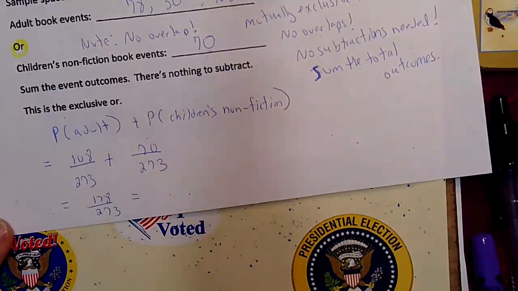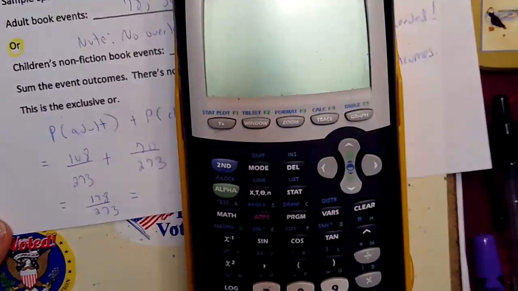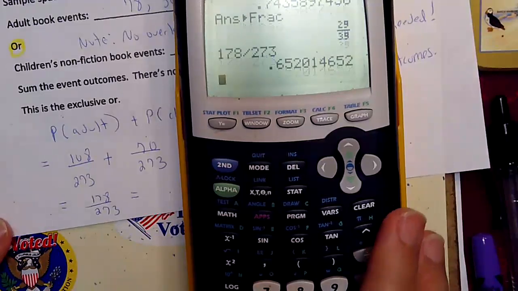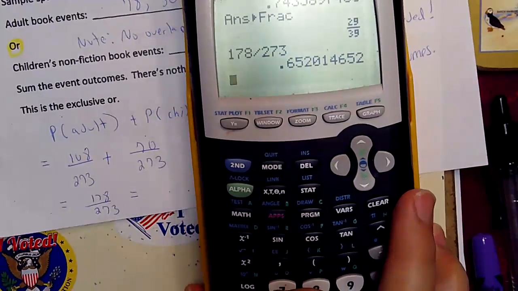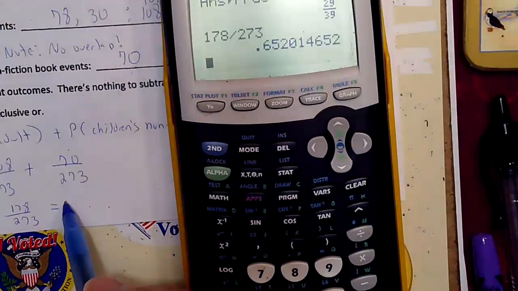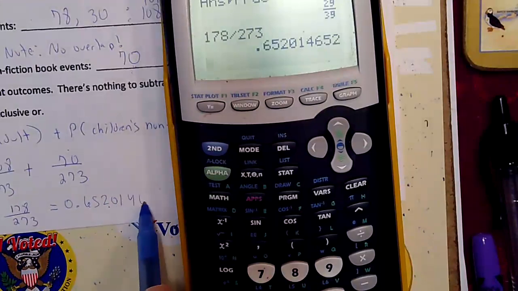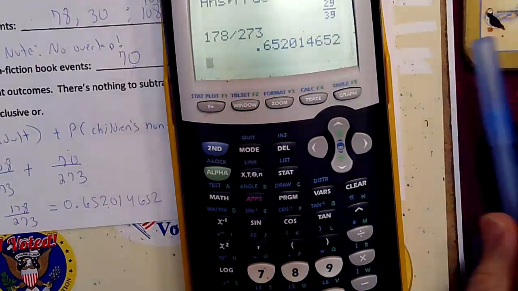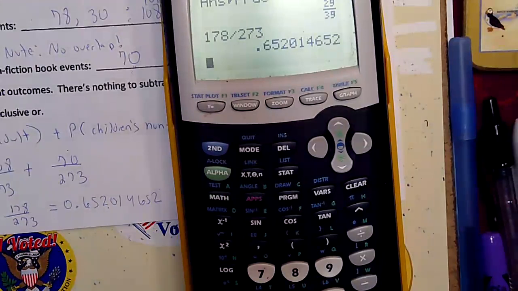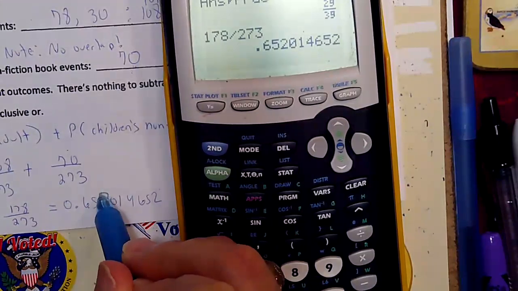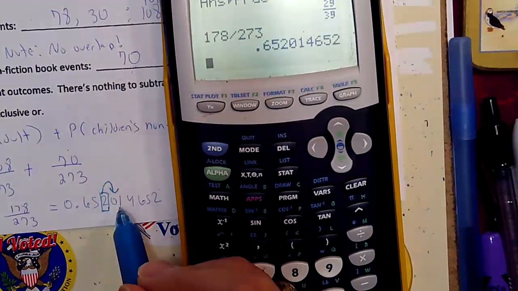And as a decimal, this is my decimal. Tens, hundreds, thousands. And look at the number to the right. Is that 5 or more?